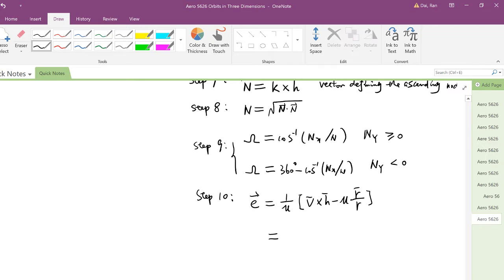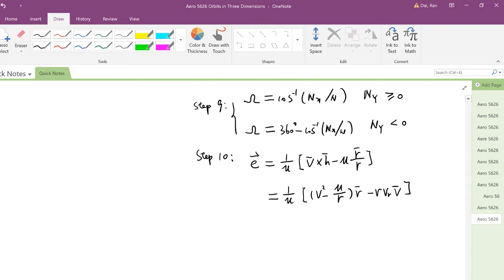And we can rewrite it as equivalent to 1 over mu times v squared minus mu divided by r, r vector, minus r vr v vector. And since we have the eccentricity vector, we can easily get the eccentricity, its magnitude. So E magnitude is equivalent to the square root of vector E dot vector E.